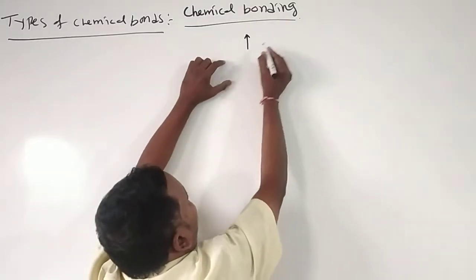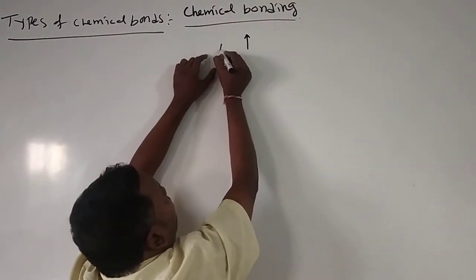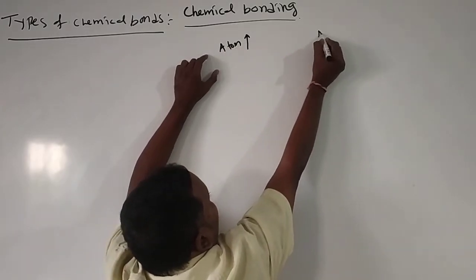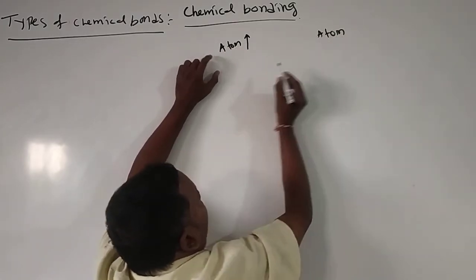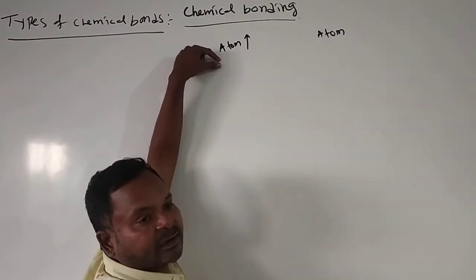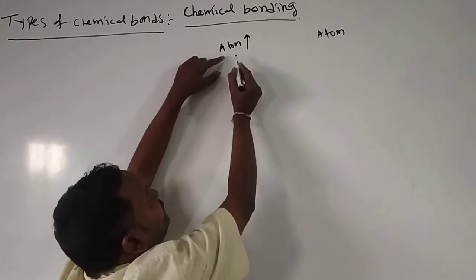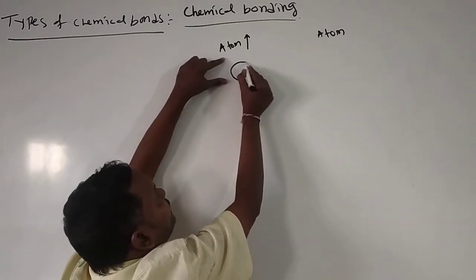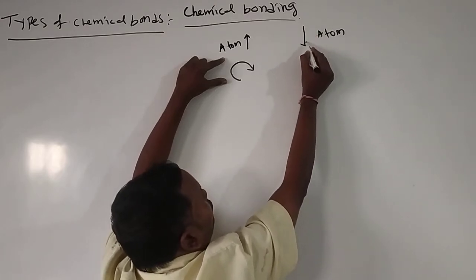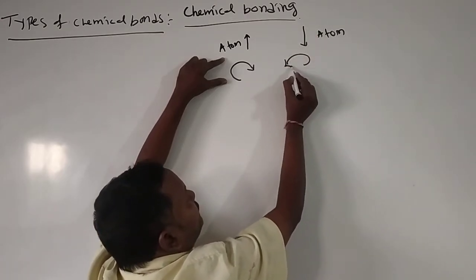See here, this is one atom, this is another atom. While forming a chemical bond, one atom's electron moves in a clockwise direction, and the other atom's electron moves in an anti-clockwise direction.